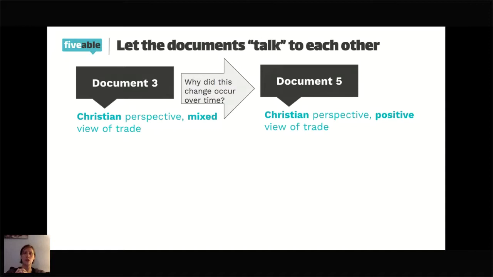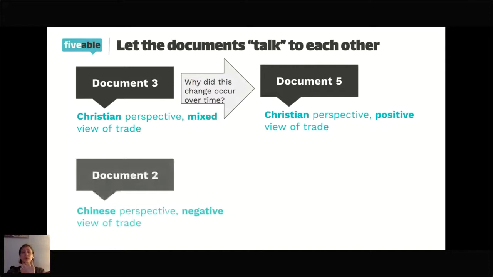Maybe the issue is that trade became more important as more trade flooded into Europe, and that Thomas Aquinas, though published, is speaking looking backwards at trade rather than looking forward like the Italian merchants. But if we can make that analysis part of a paragraph that discusses those two documents with one another, that's a way of building complexity.